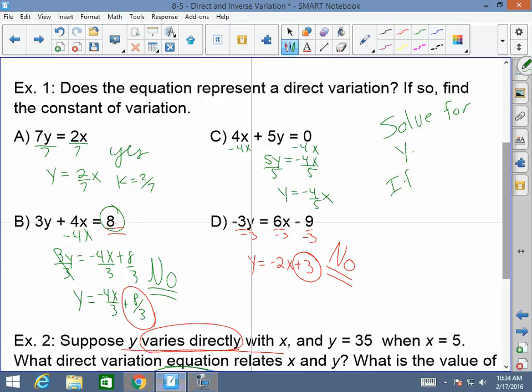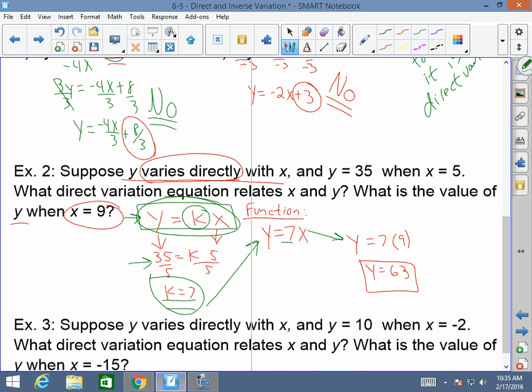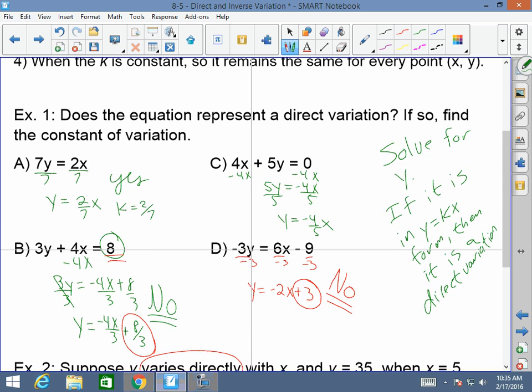If it is in y equals kx form, then it is a direct variation. Does that make sense, son? Are you sure, my man? Because I don't want to go backwards anymore. You promise. Thank you, sir.